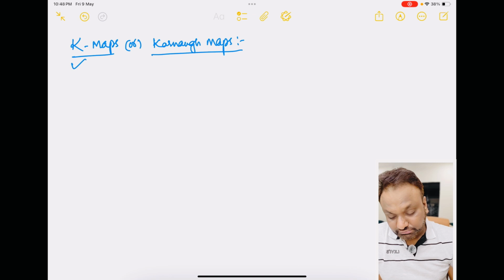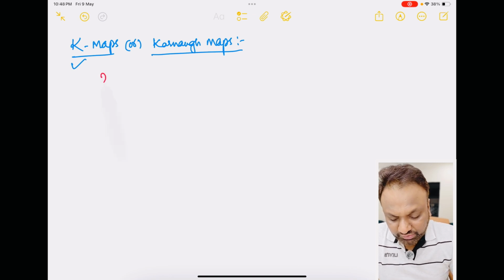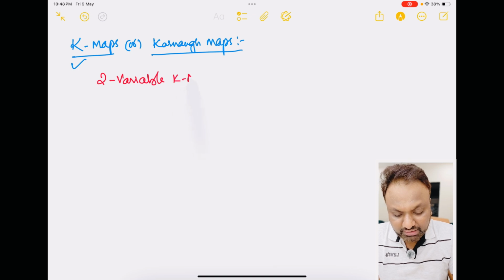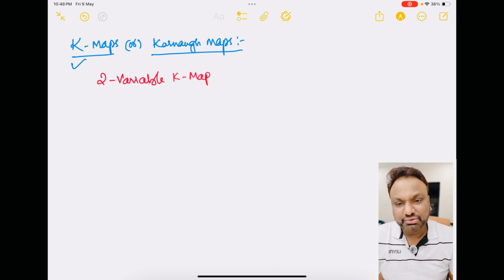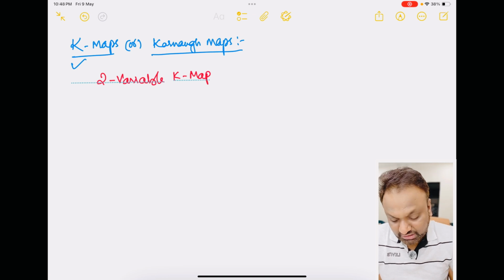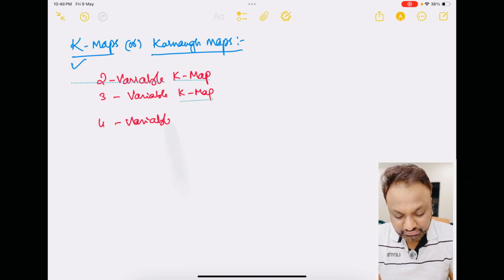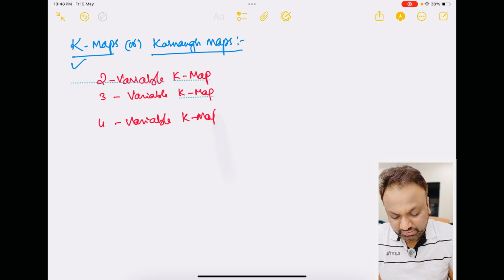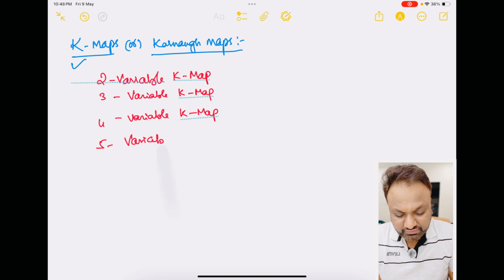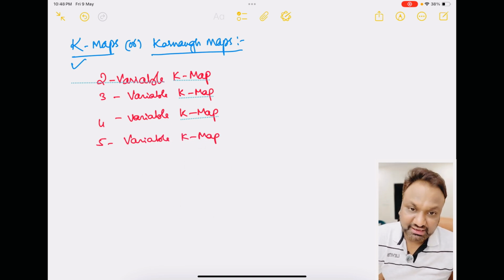Here I can have a 2 variable KMap, 3 variable KMap, 4 variable KMap, and 5 variable KMap also. We can go up to 5 variable KMap, and we'll discuss this as well.